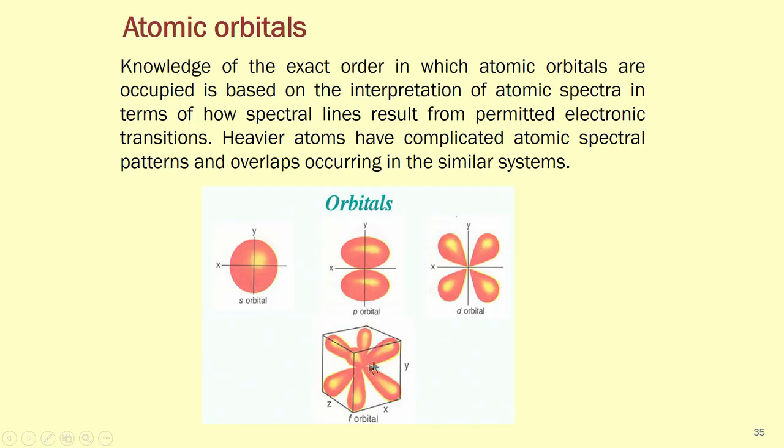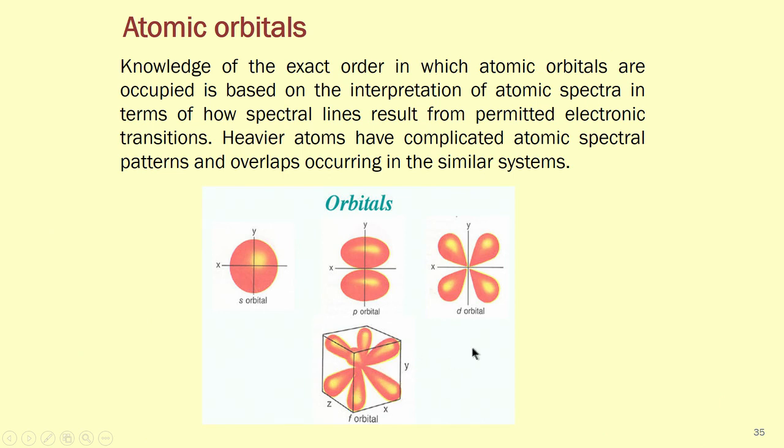But for the f orbital you will have to imagine again a sort of 3 axes: one is horizontal, perpendicular to that is another axis facing towards you, and perpendicular to that is a vertical axis, that is the x, y, z axes, and in that space you can imagine f orbitals located like this.